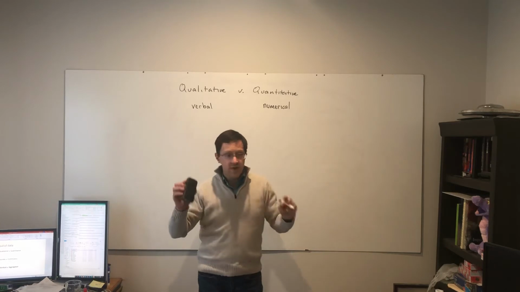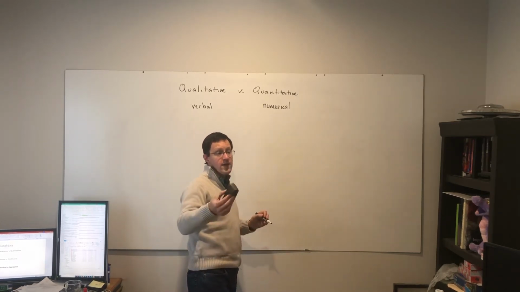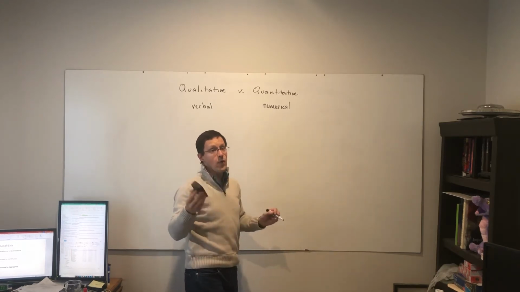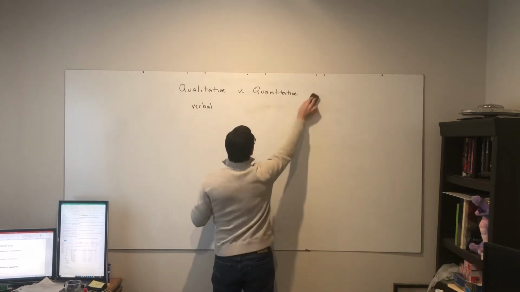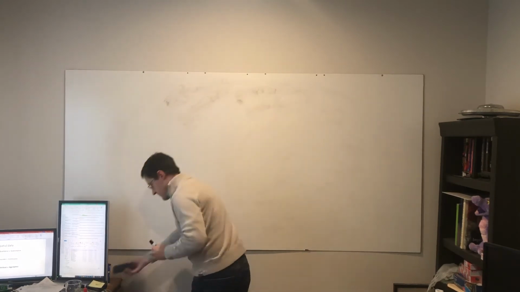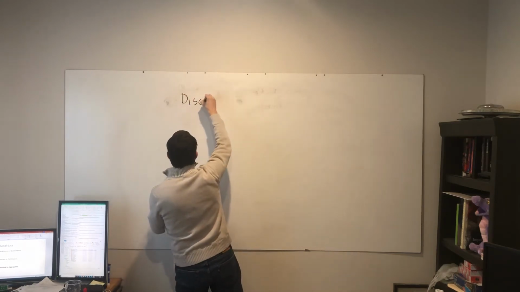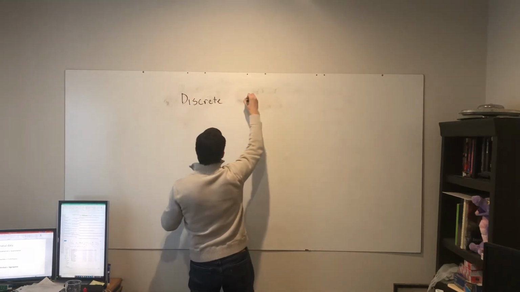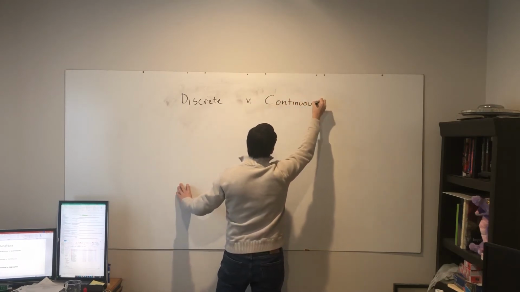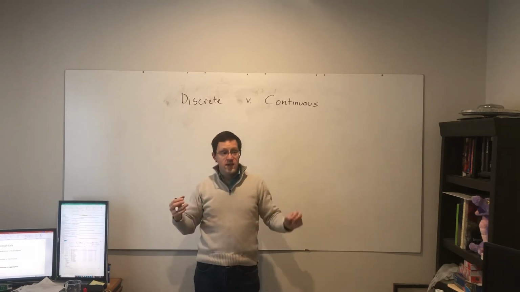The second distinction between our data, and now we're looking at different ways of distinguishing types of quantitative data: discrete data versus continuous data.